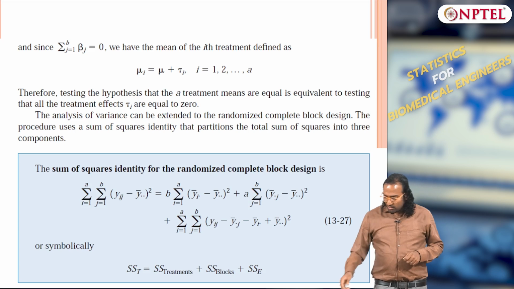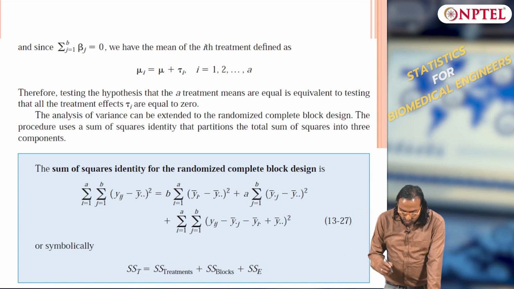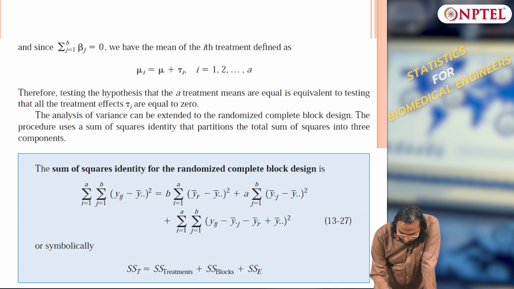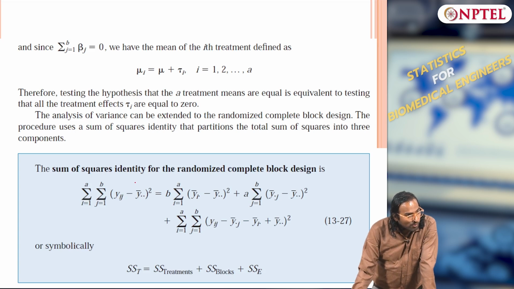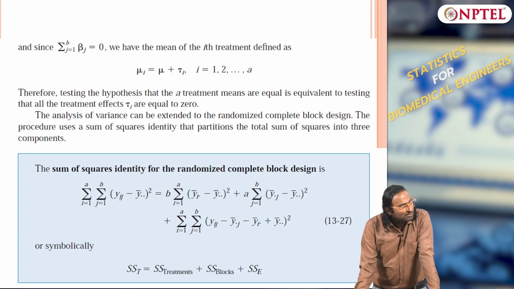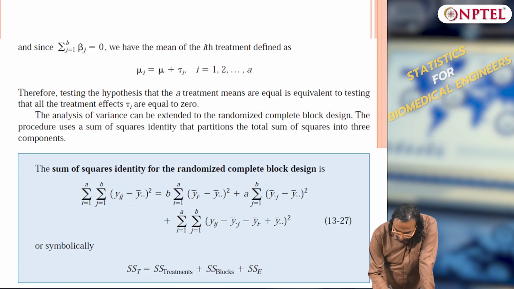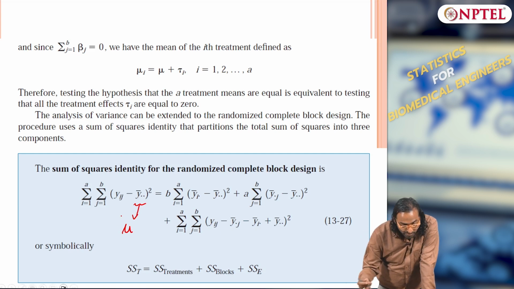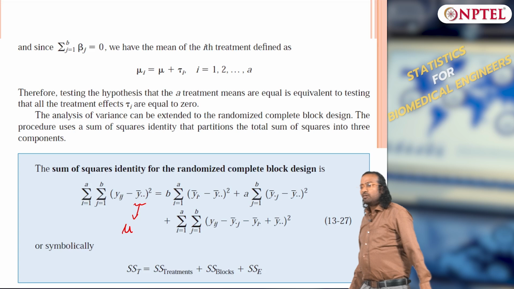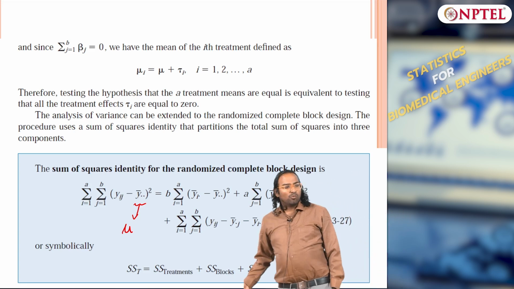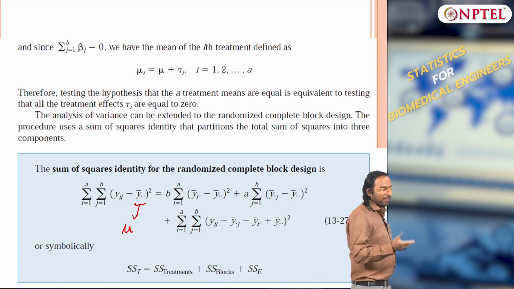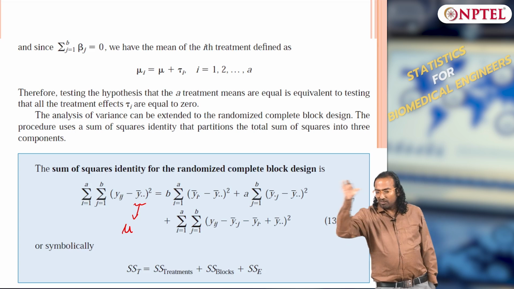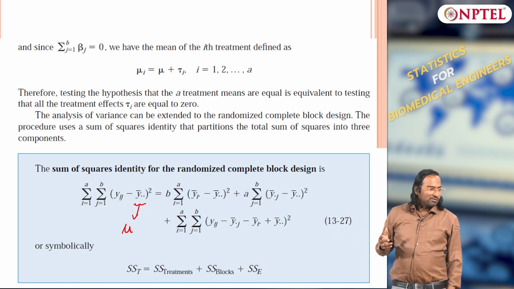Okay. So if you look at each term, y ij minus mu the whole square, if you want to call it, that is the overall variance. y bar dot dot is my mu, and y dot dot is N mu, where capital N is the total number of data points, okay.